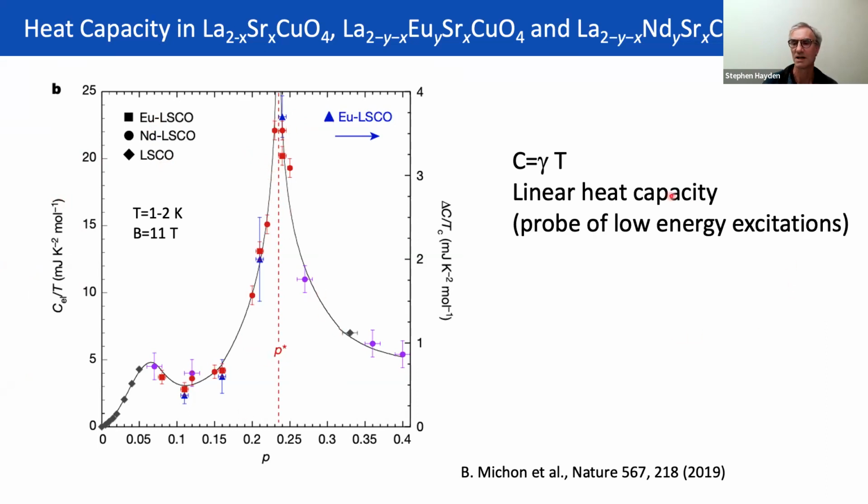So this is an indication, just from general physics, that there should be some low energy excitations associated with this peak. So they could be the spin degrees of freedom that are contributing here. So this is what we're going to look at. We're particularly going to concentrate on one sample in the region where you get this strong peak.